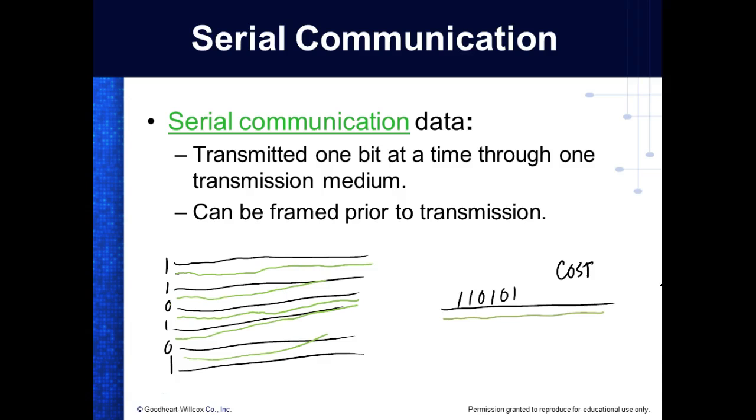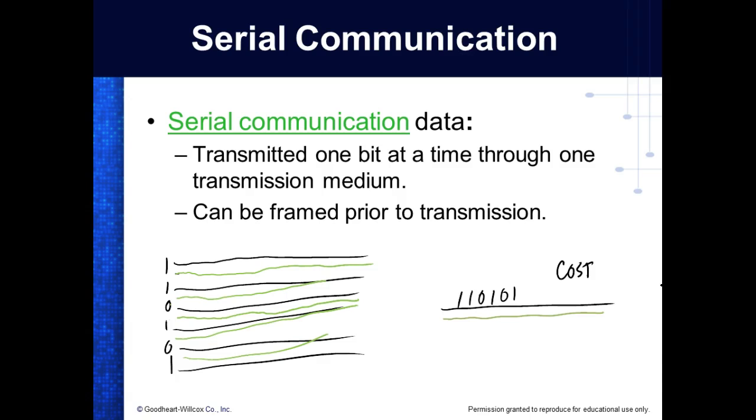Ethernet, Wi-Fi is serial. Your cell phone, the information they send you is serial, because we only have one air, right? So serial communication is slower, but it's a heck of a lot cheaper. Parallel is faster for the same technology, but a heck of a lot more expensive.